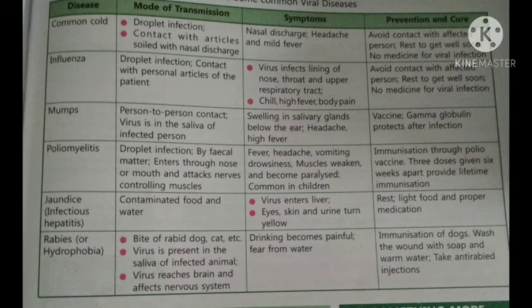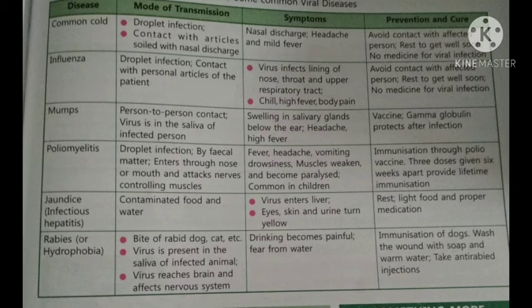During this infection, the patient feels chills, gets high fever and body pain. The prevention is again to avoid contact with affected persons. If you are not in contact with infected persons, then the disease is not transmitted to a normal person. Rest to get well soon and take antibiotics during that time.